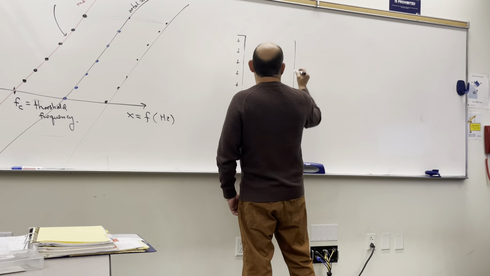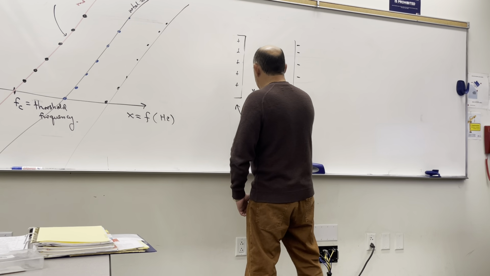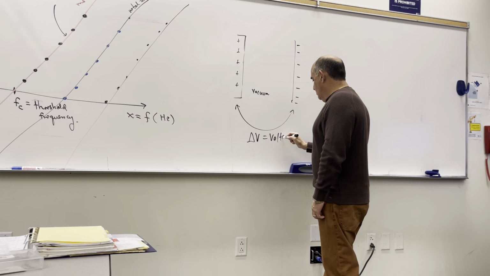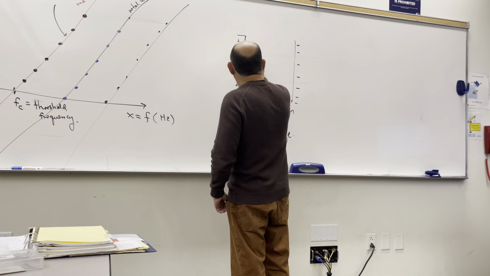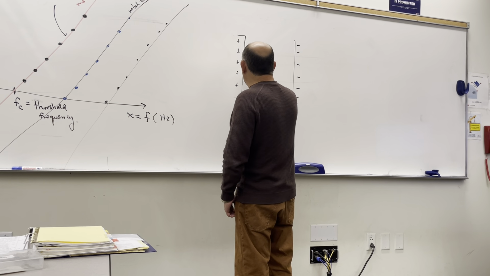And then this is negatively charged. So you have a voltage between these. The electrons come out over here, and they come out with the maximum speed. That's when they have the maximum kinetic energy.